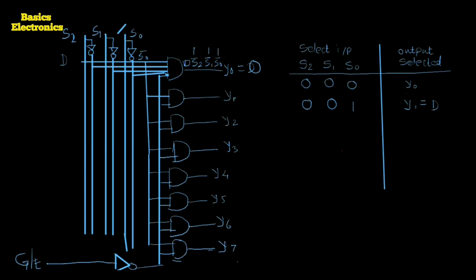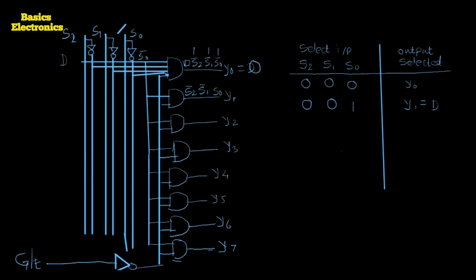For that, here we have to make the connection for the second gate as S2 bar, S1 bar, and S0.